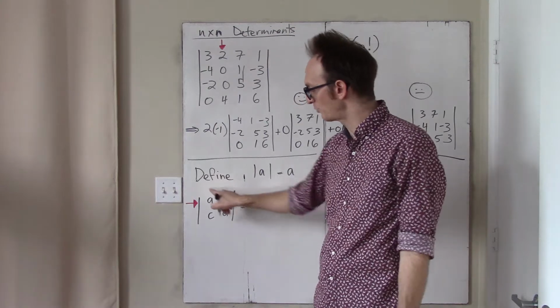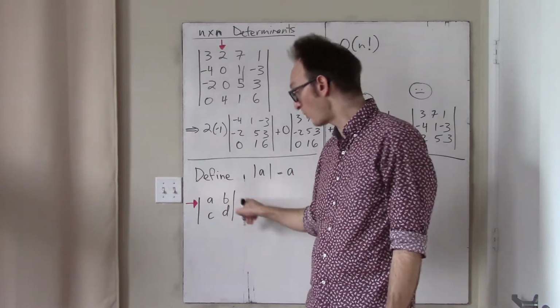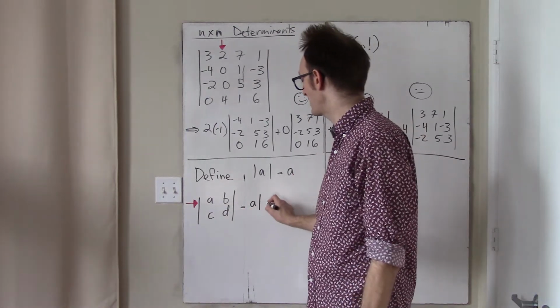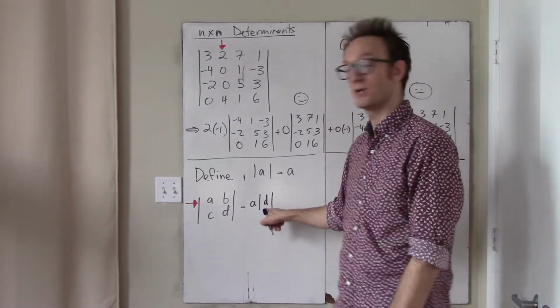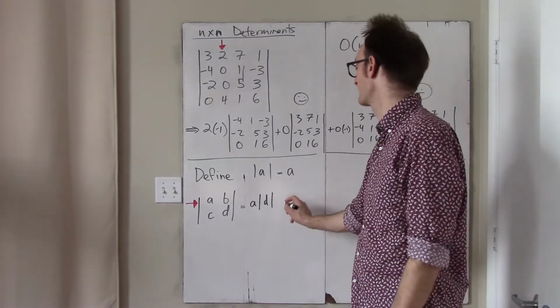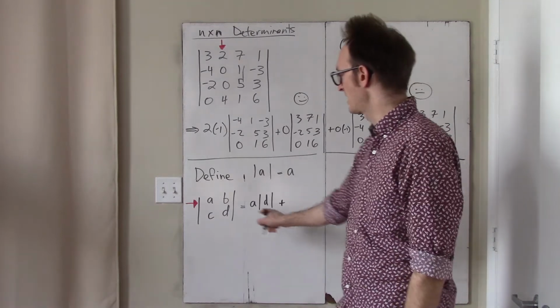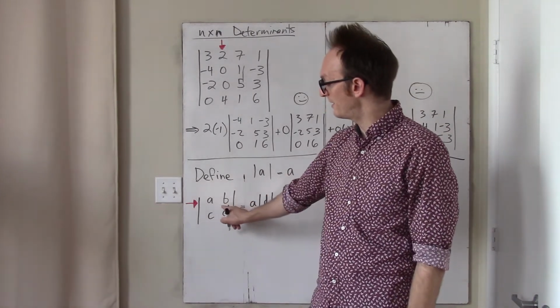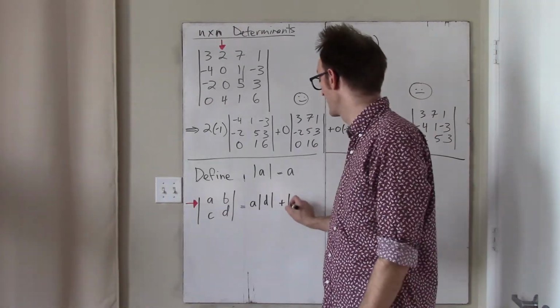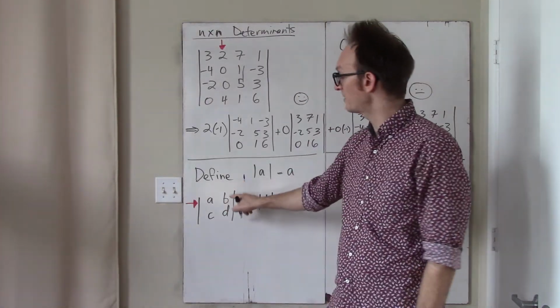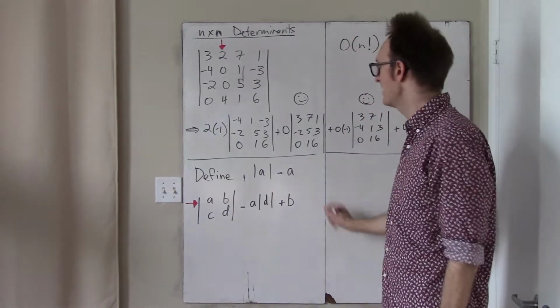I mentally delete row 1 and column 1, leaving me with a 1x1 matrix D, and I'm supposed to take the determinant of that. Plus, now I go to the next thing in row 1, which is B. But because I'm in row 1, column 2 now, 1 plus 2 adds up to 3, that's odd.